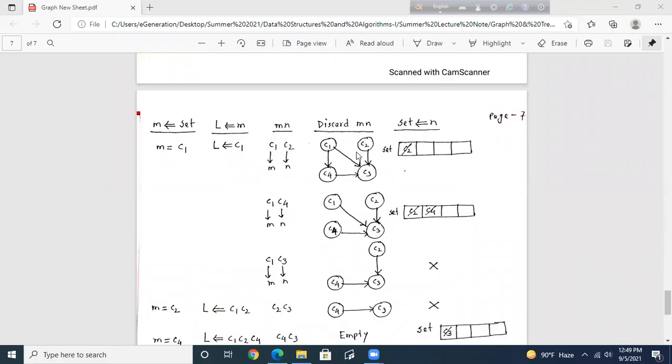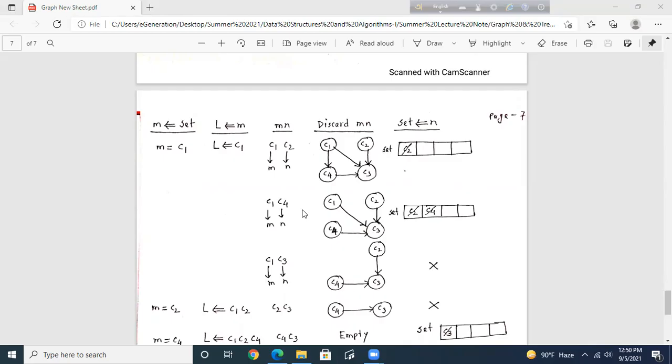Now you have to check whether C2 contains an incoming edge or not. In this graph, C2 does not contain any incoming edge, so I can write C2 into the set, because C2 has no incoming edge.